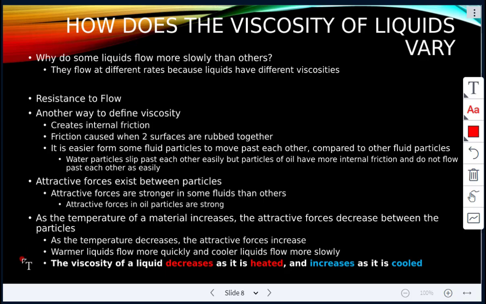So the viscosity of a liquid will decrease as it's heated, and it will increase as it's cooled. If you heat up honey, it becomes less viscous.